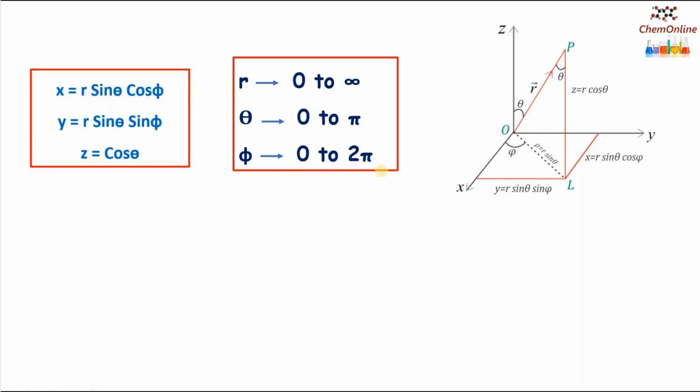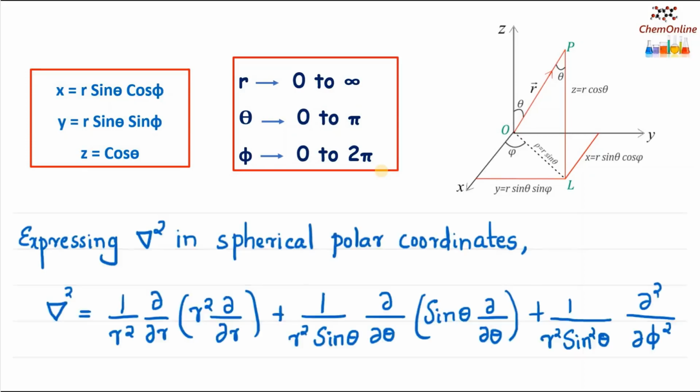So in the Hamiltonian for the rigid rotator, we have minus h square by 8 pi square mu into del square. So while solving the rigid rotor model, we have to express del square in spherical polar coordinates.